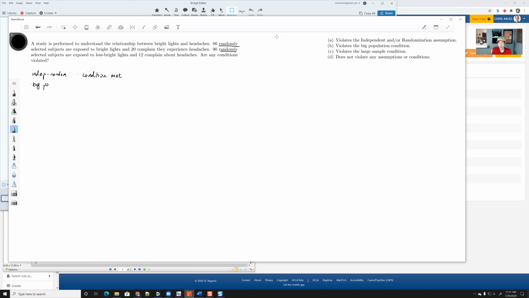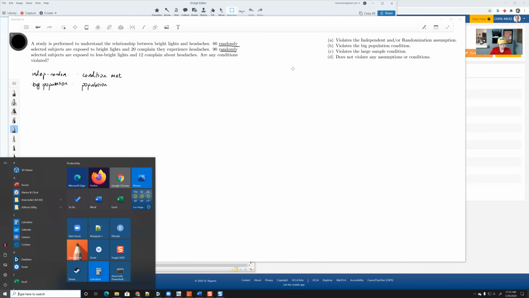Actually, it's a little bit out of order here. But okay, so the big population states the population needs to be 10 times bigger than the sample, right? Check.